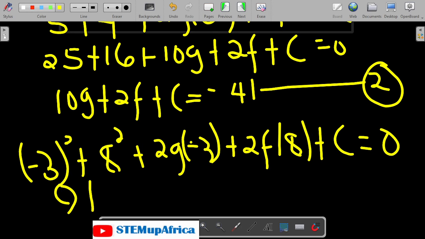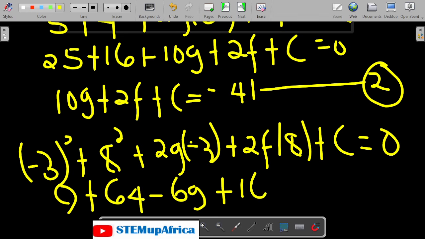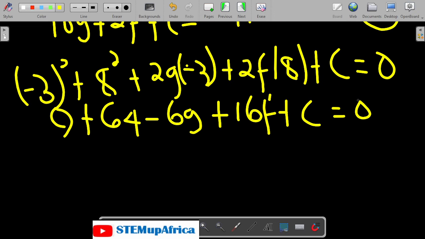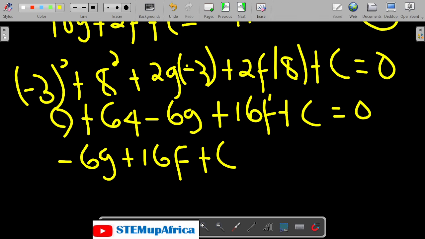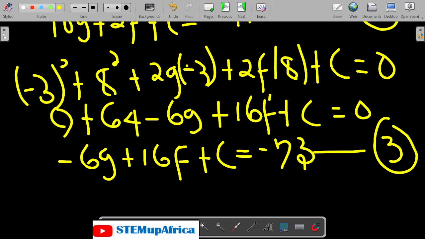Here is now 9 plus 64 minus 6g plus 16f plus c is equals to 0. So 64 plus 9 should give us 73. So I'm going to have minus 6g plus 16f plus c equals to minus 73. Let's call this equation 3.